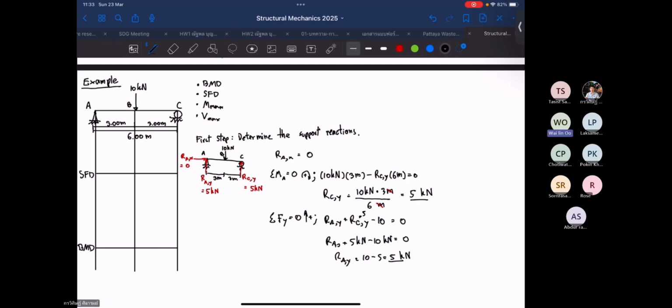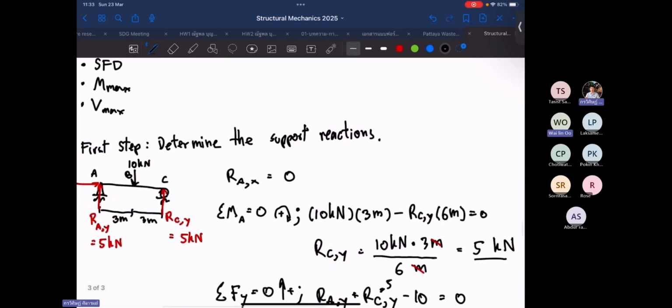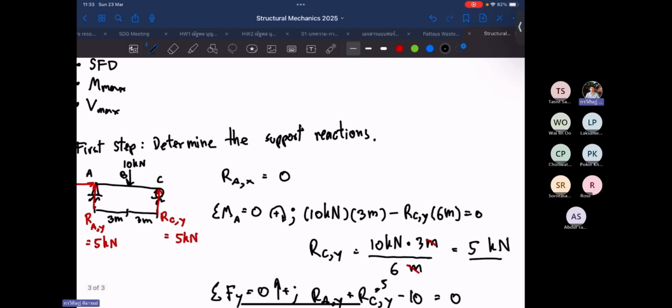Jack, I have a question. Yes. Why do we assign RAX as 0? This RAX equals 0 because if we would like to determine this one, we have to use summation of forces in x direction equal to 0.